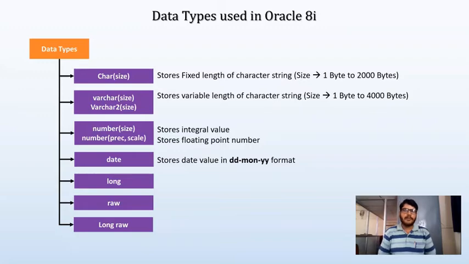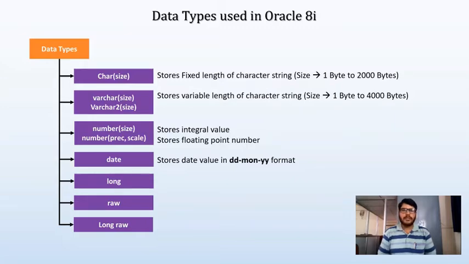But sometimes we need to store binary data as well. Assume that I want to store an image, some audio file, some PDF file, or some video files in the database.